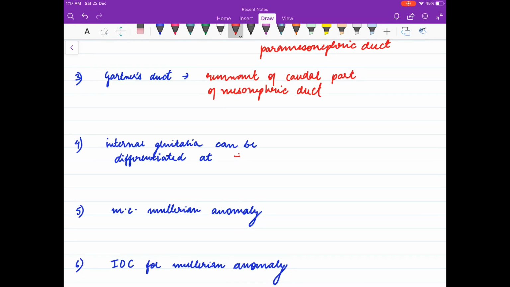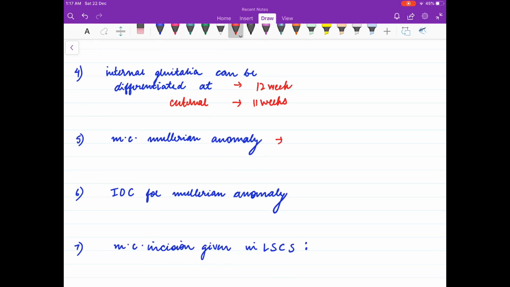Internal genitalia can be differentiated at 12 weeks. External at 11 weeks. Most common Mullerian anomaly is septate uterus. It is also the anomaly that is associated with maximum risk of abortion.